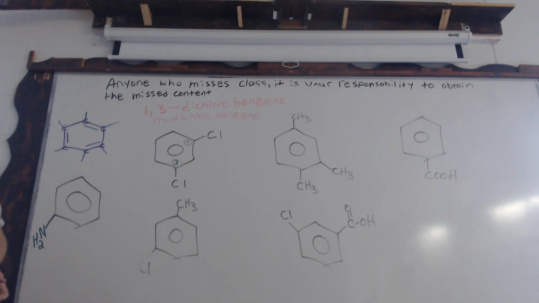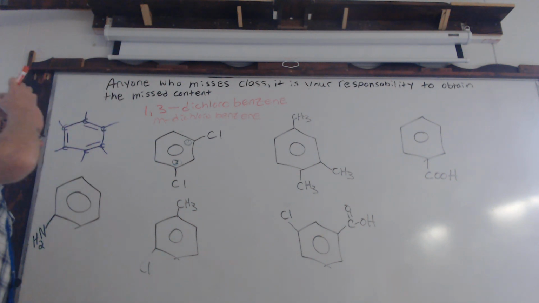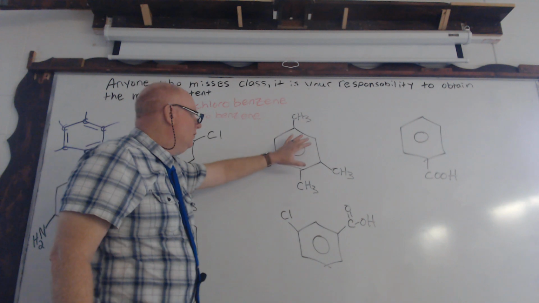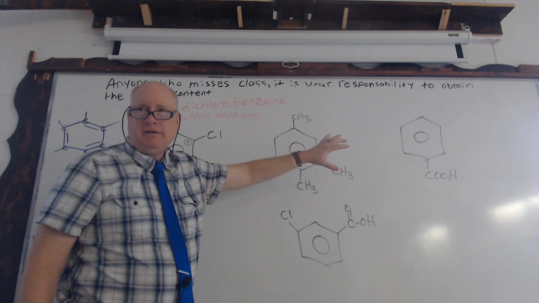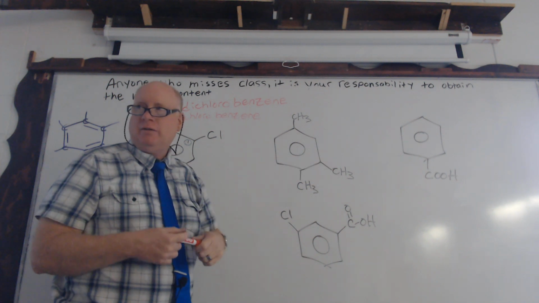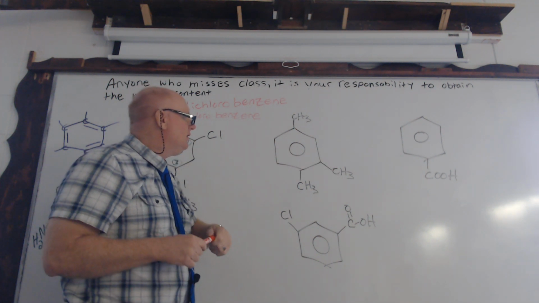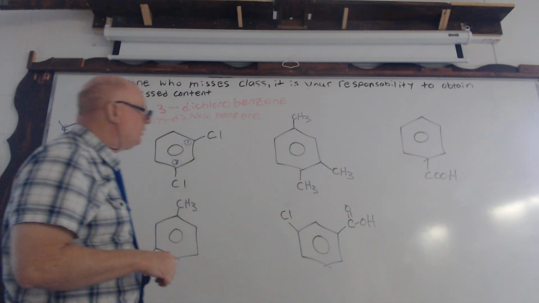I think you pronounce it toluene. Okay. So the same thing could apply here. Once you say that this is toluene, which is fine, that means that this methyl group, you'd have to pick one of those. That means that this methyl group would be your first carbon.